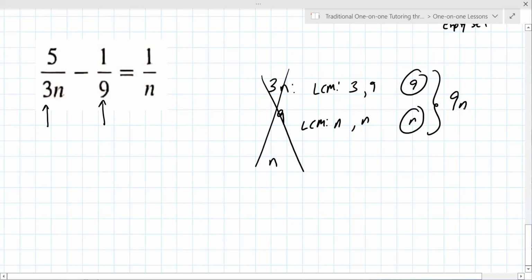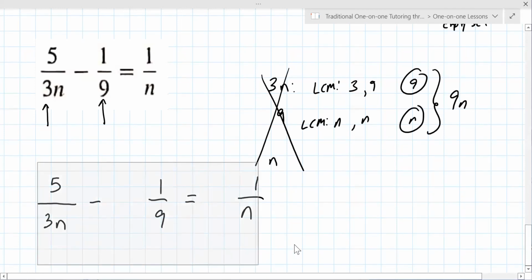So we have to multiply by 9n. That's what you want the bottom to be. This is a little bit different than the previous ones. It's completely different. Our goal is to make the bottom 9n in all cases. Let me see if I can give us a little more room here.